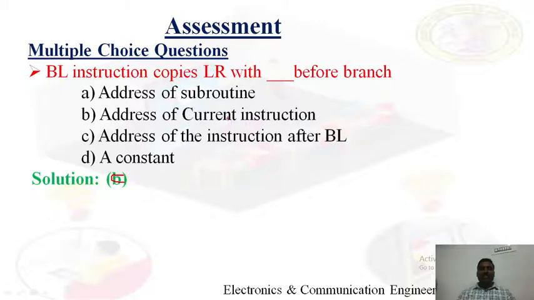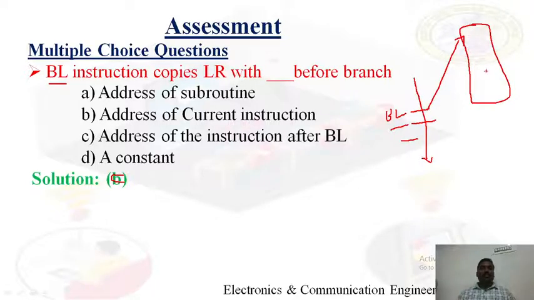If it uses the same instruction, then it will come to the BL instruction again. So if this is the flow, this is the BL instruction, and this may be another instruction. If it jumps to some subroutine, then the last instruction is MOV PC, LR.